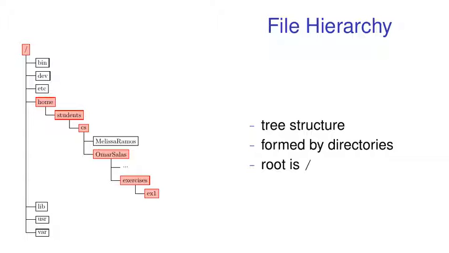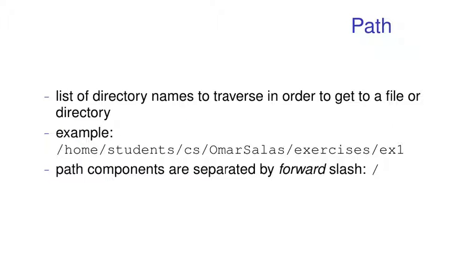It starts at the root. For any file on our computer, there is a sequence of directories starting at the root that takes us to that file. This is called the path, and its components are directories which are separated from one another by /.